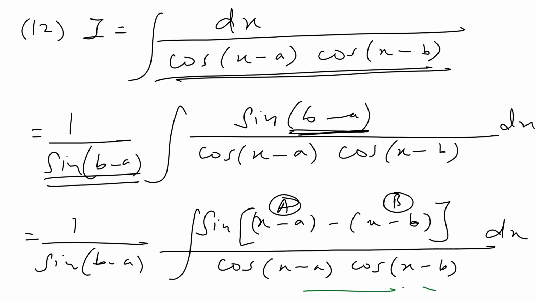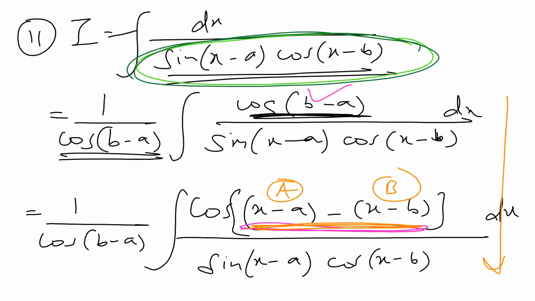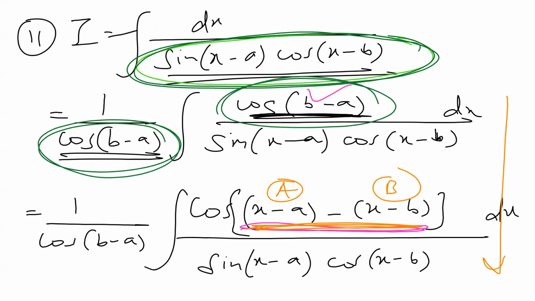Only remember one thing: when it is sine cos or cos sine, multiply and divide with cos b minus a, and then write b minus a as x minus a minus x minus b, and then the compound angle formula. So they can also give you cos sine, same format.